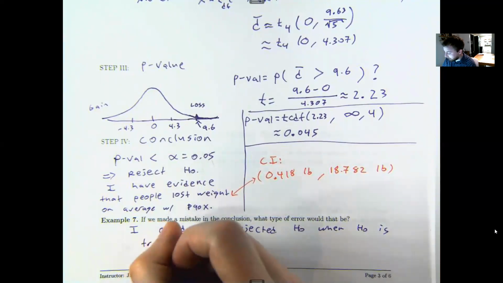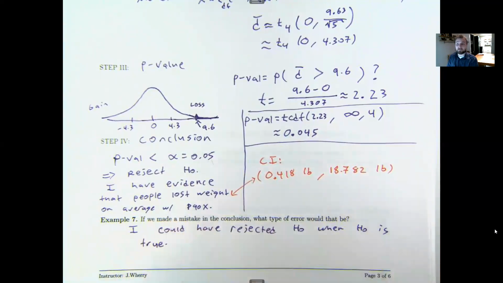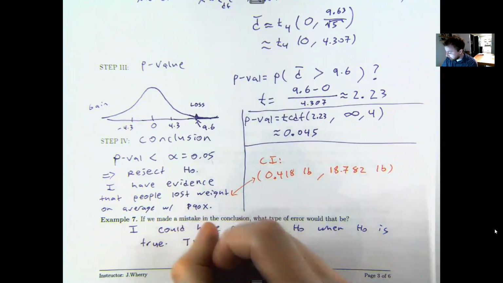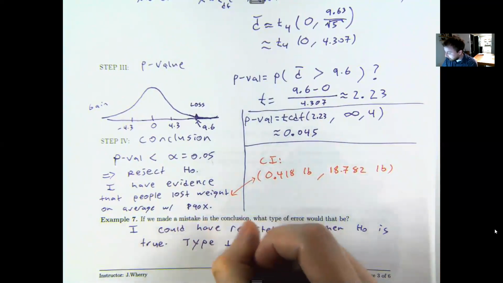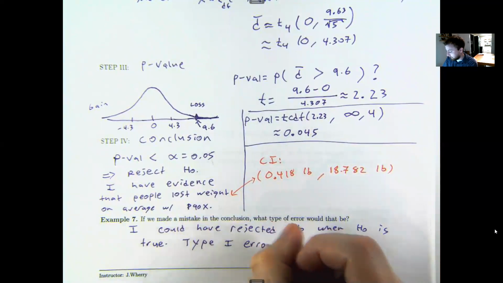That would be a bad thing, to throw away the null hypothesis when I wanted to actually keep it if it was true. This sounds to me like I could have potentially made a type 1 error.